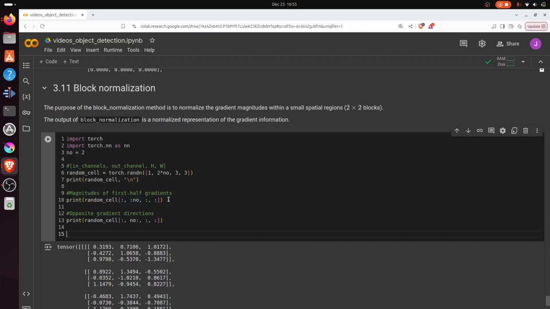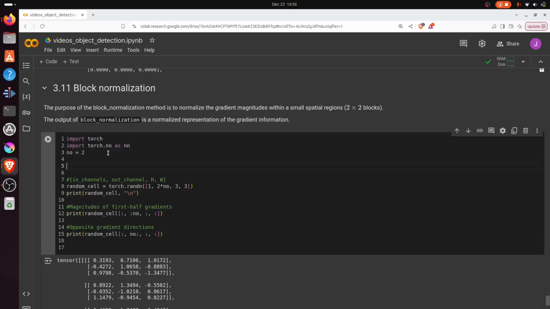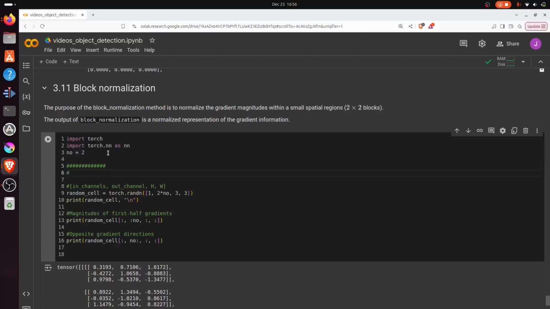Now what we want to do is combine this information in order to obtain the unoriented gradients. Let me place it here so that it is clear.